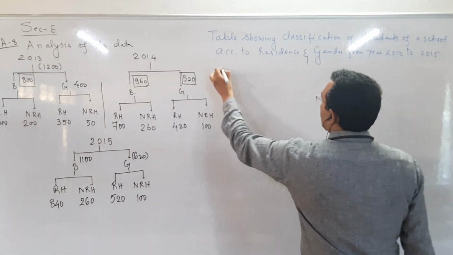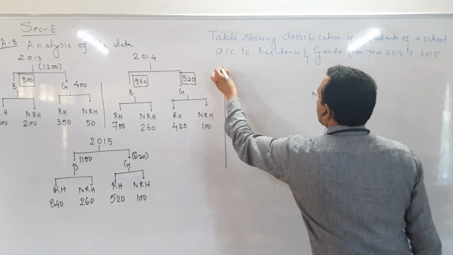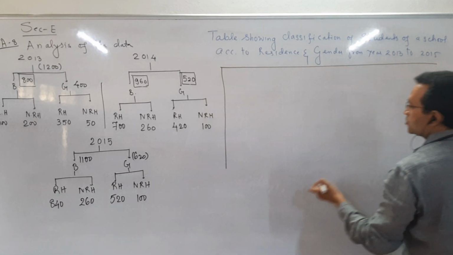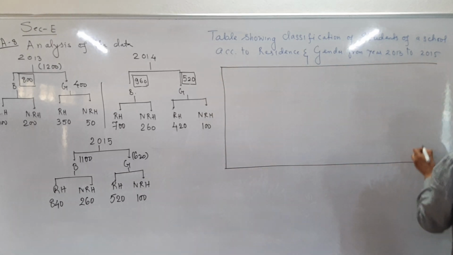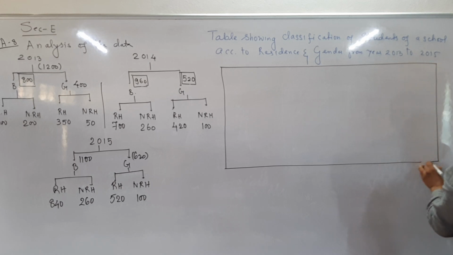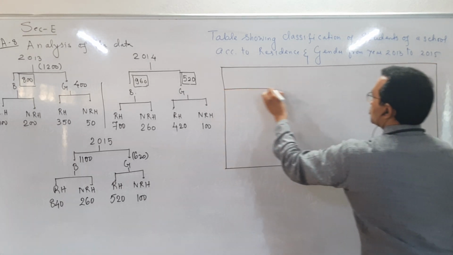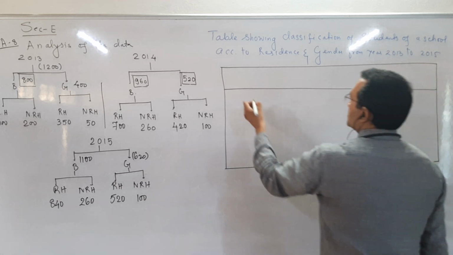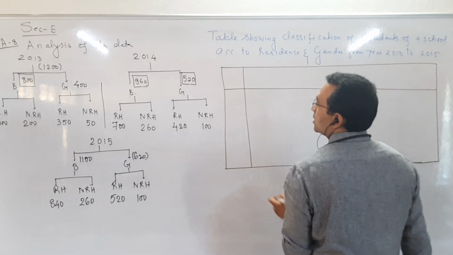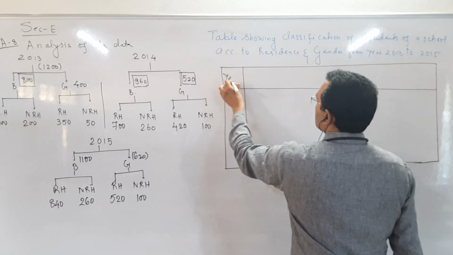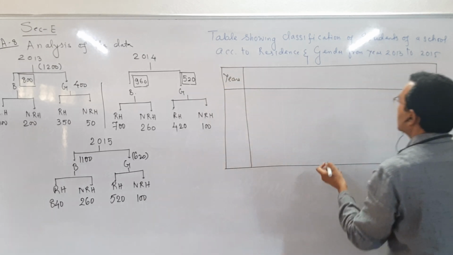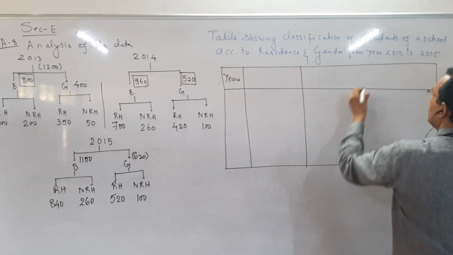More number of data will always come in the first column, students. We have done now 5 sums of tabulation. You should be very perfect. So let us divide. This first column is nothing but years. Then we are going to divide this into 3 equal parts.